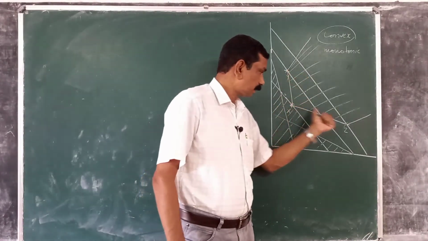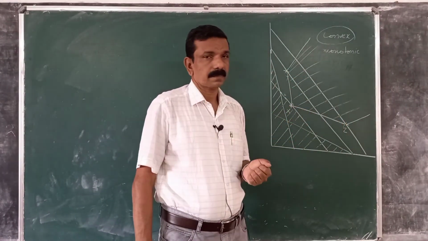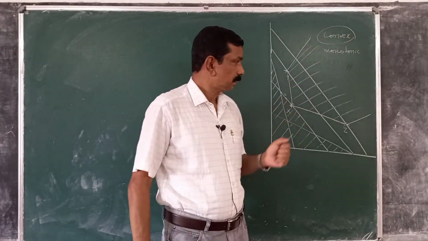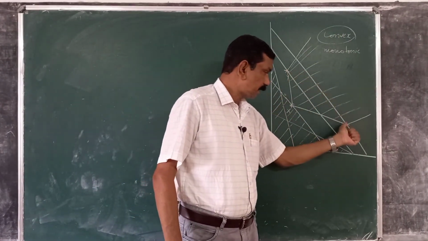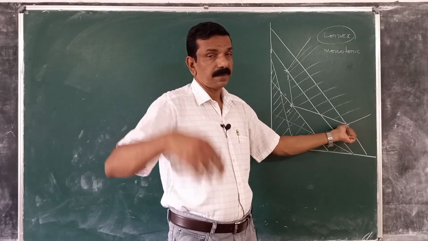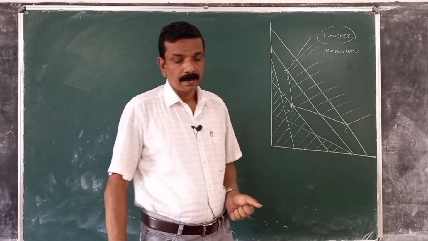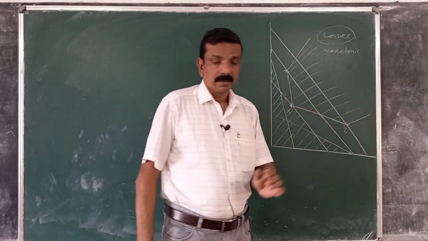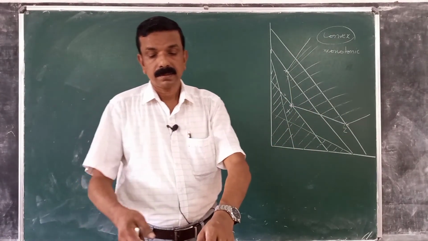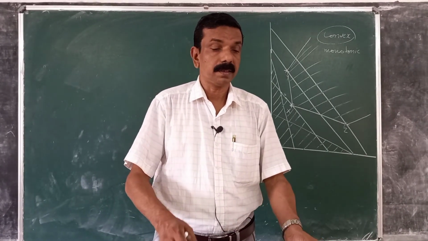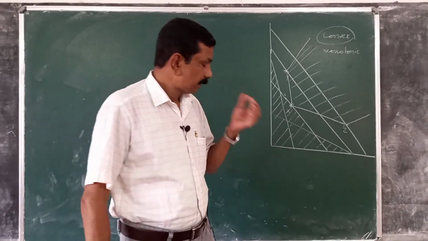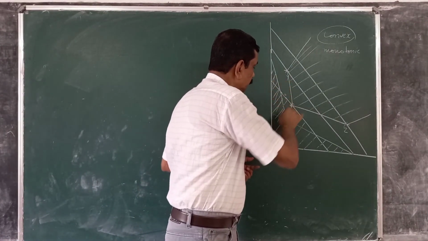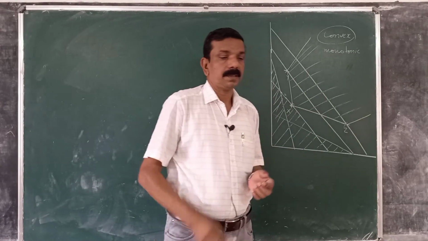And due to the assumption of convexity, a weighted average of Y and Z is also preferred to X. And as such, the shaded area are better bundles than X. So this is the worse region, and this is the better region compared to X.